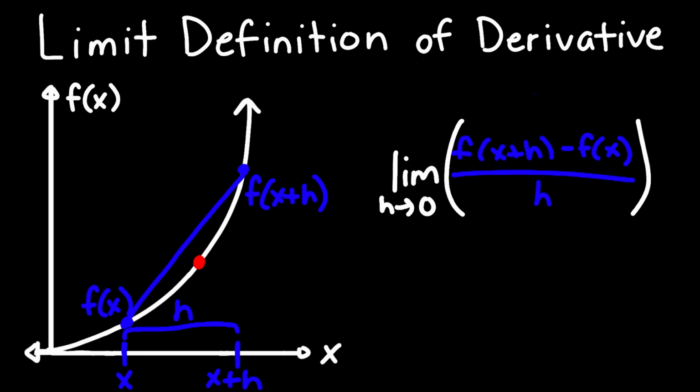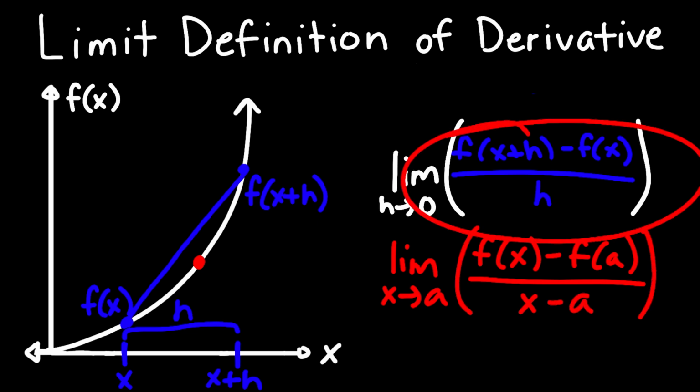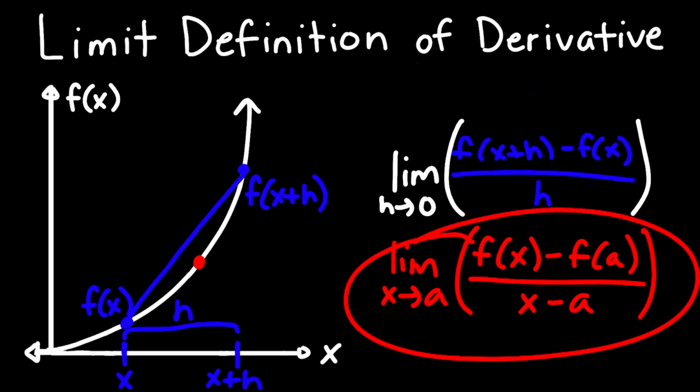Another way you might see the limit definition of the derivative written is the limit as x approaches a of f of x minus f of a over x minus a. And there's just one slight difference between this, and that is that this top limit will actually give you the derivative as a function, and the bottom limit will give you the derivative as a number.